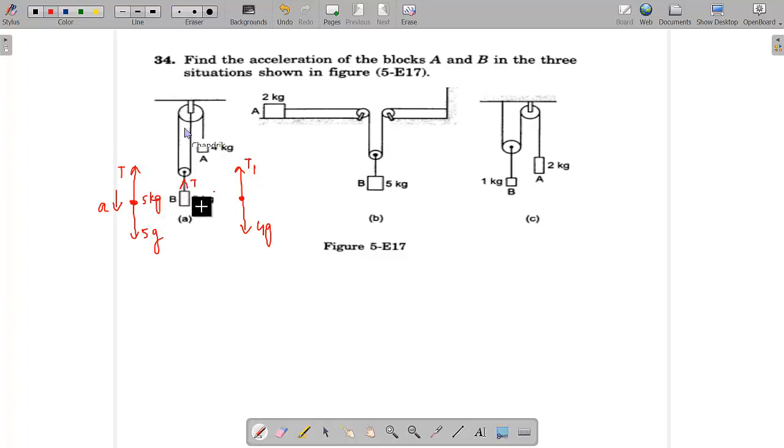We don't know the acceleration, we have to find it. We have just assumed it as A. Let the 5 kg block be coming down with an acceleration A. So what will be the acceleration of the 4 kg block? The 4 kg block will be going upwards with what acceleration?